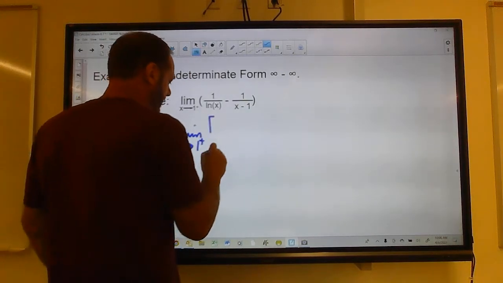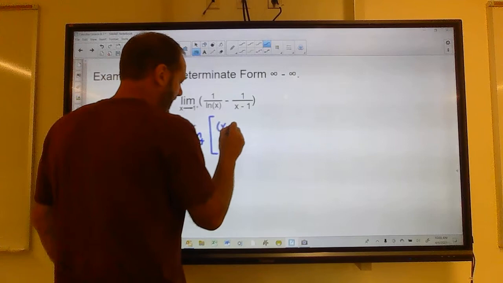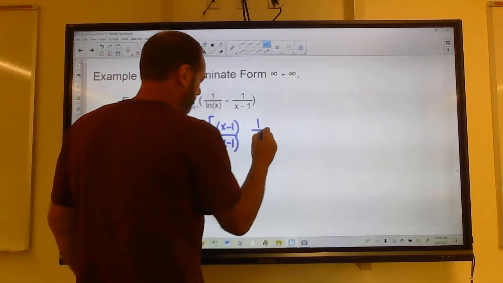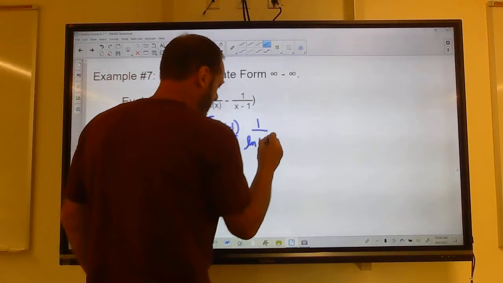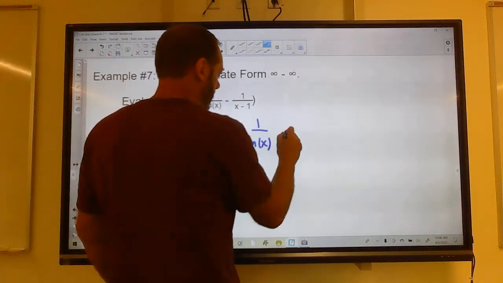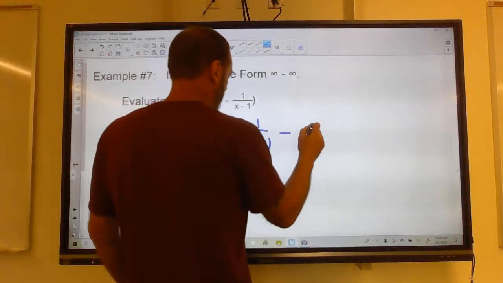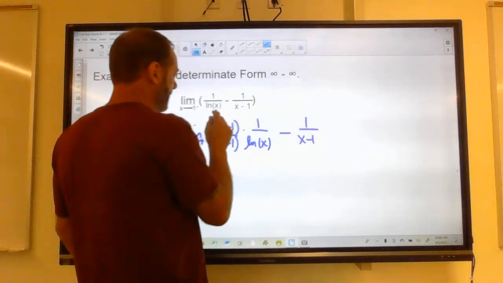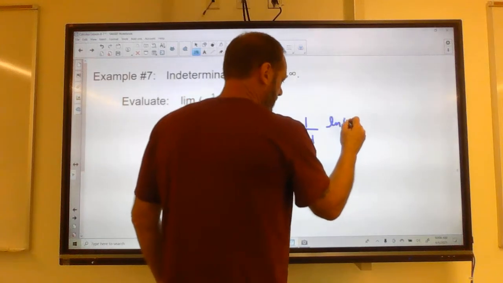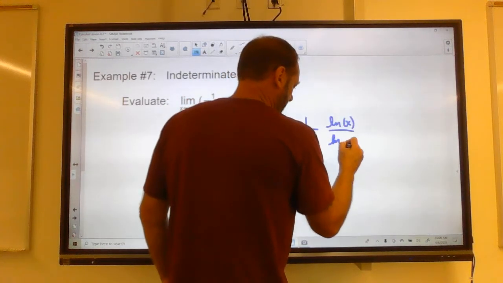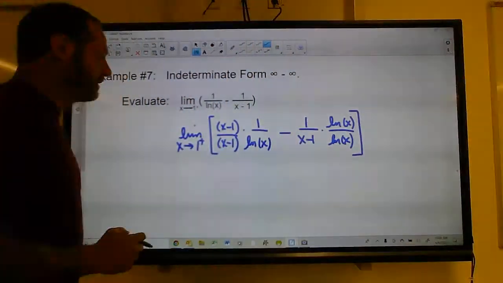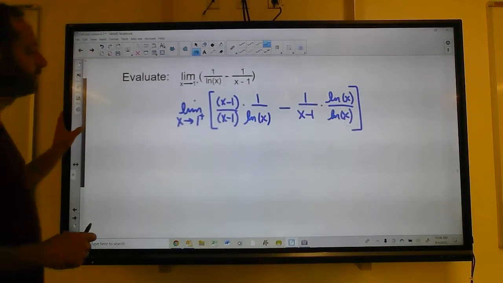I'm going to multiply this side here by x minus 1 over x minus 1. So that's going to be 1 over natural log of x. And then over here, I'm going to multiply 1 over x minus 1 times natural log of x over natural log of x. And that's going to give me a common denominator.